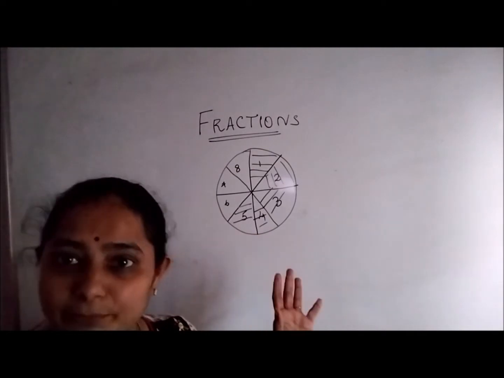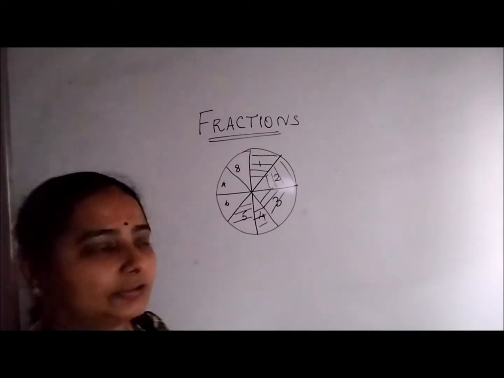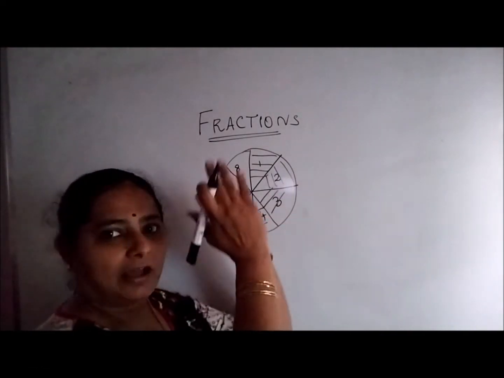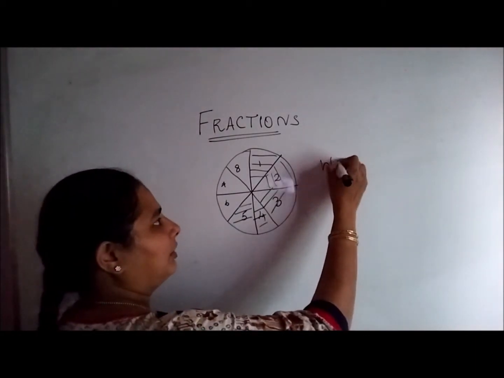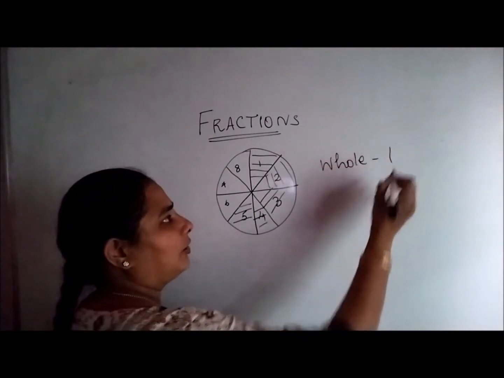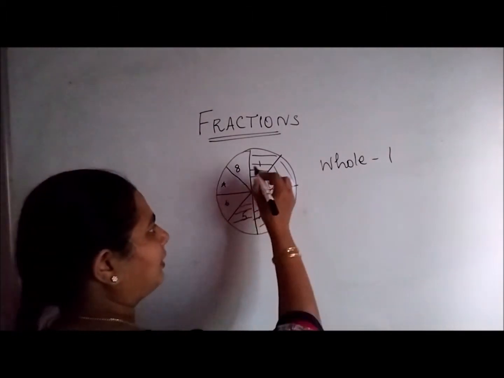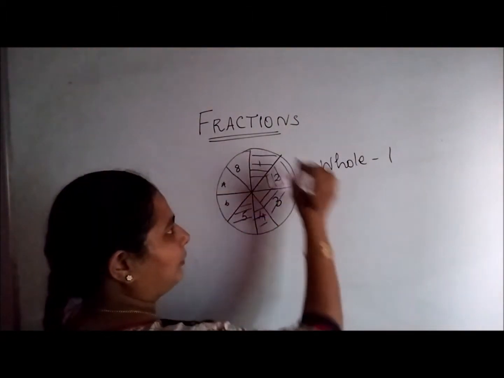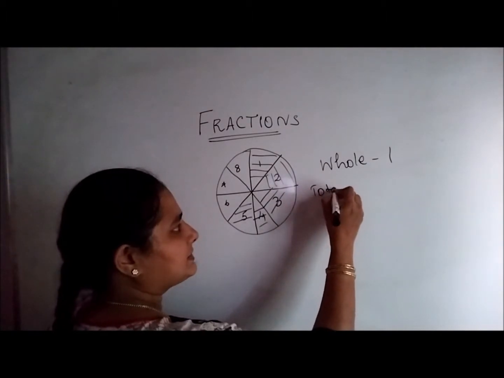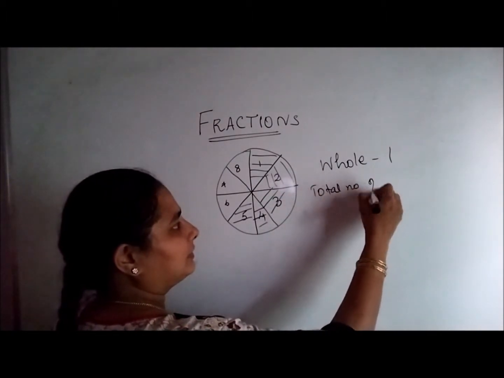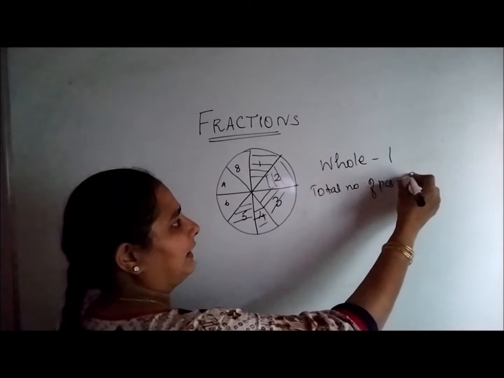How do we rename this in mathematical terms? That one pizza, full pizza, is called a whole. How much? 1. Out of 1, total, in that 1, total number of pieces are 8.